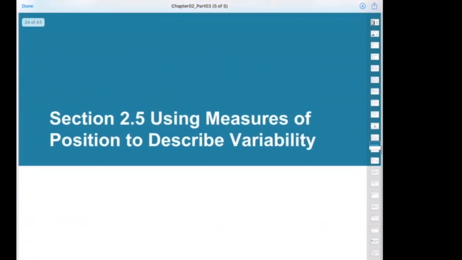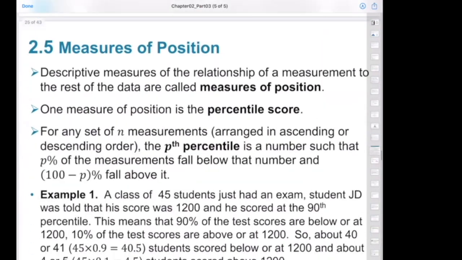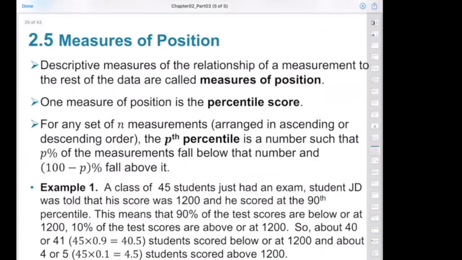Okay, so the measures of position. Sometimes it's useful to know the position of a specific data point or a specific number we have in our data. We will start with something called the percentile.